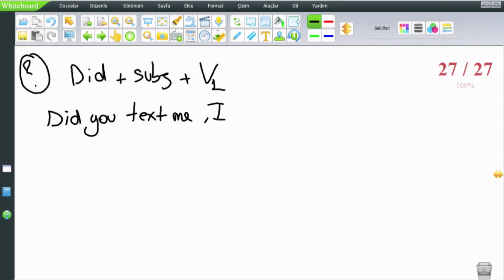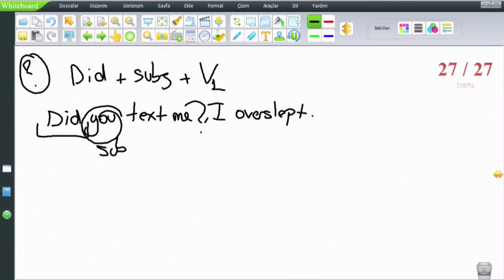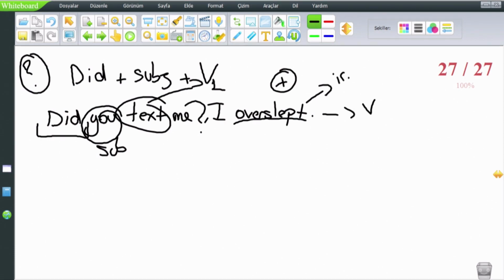I overslept. In the first sentence, you can see the question form. We have did in the beginning, subject, verb 1. And in the second sentence, you can see that this is an affirmative one. This is an irregular verb. And the verb 1 form of this verb is oversleep.